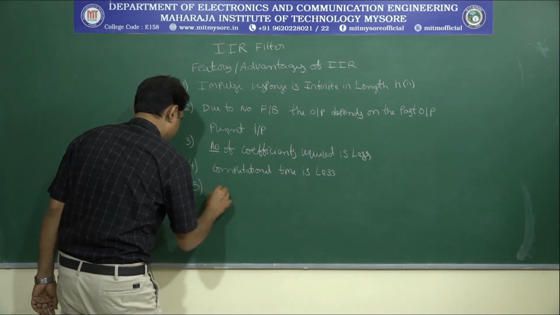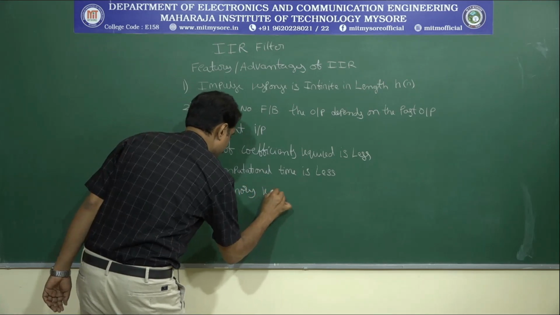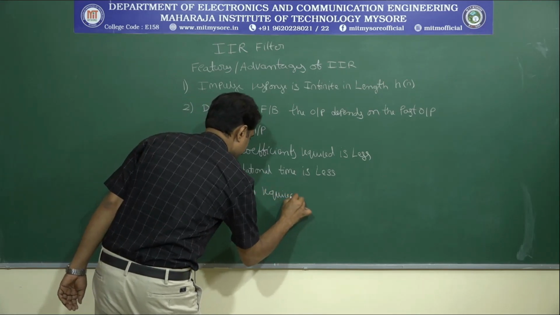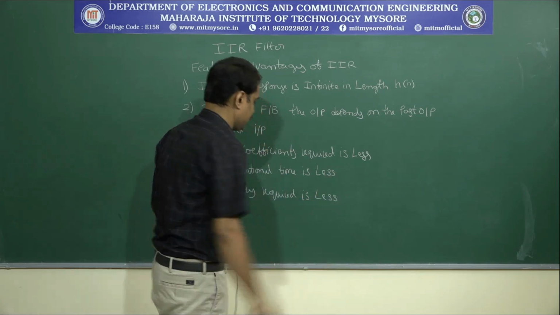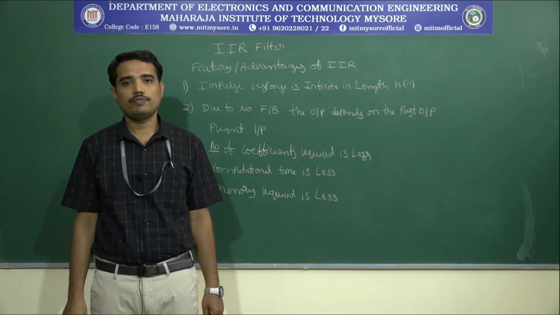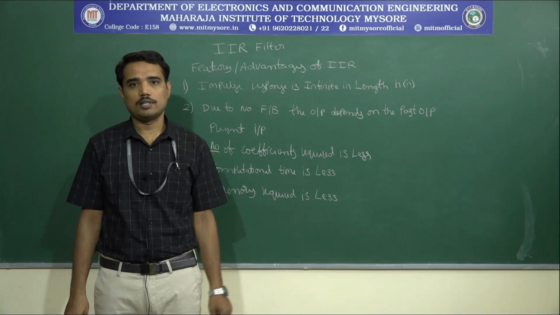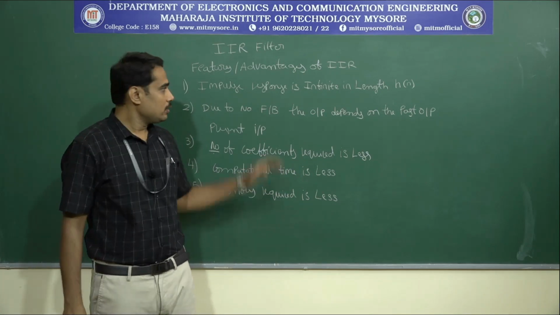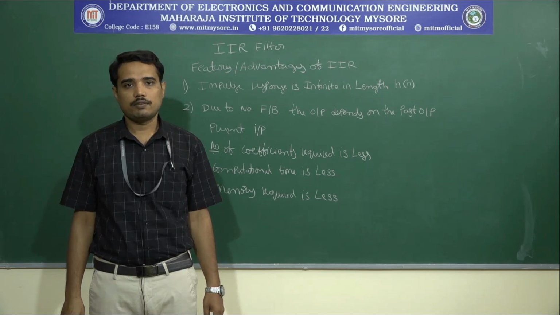Next, the memory required is also less. Why is memory required also less? Because of less number of coefficients involved in computation. These are all the features or advantages of the IIR filters.